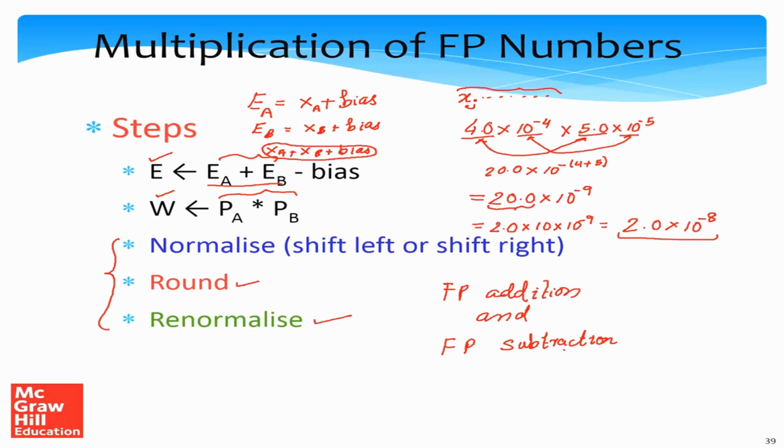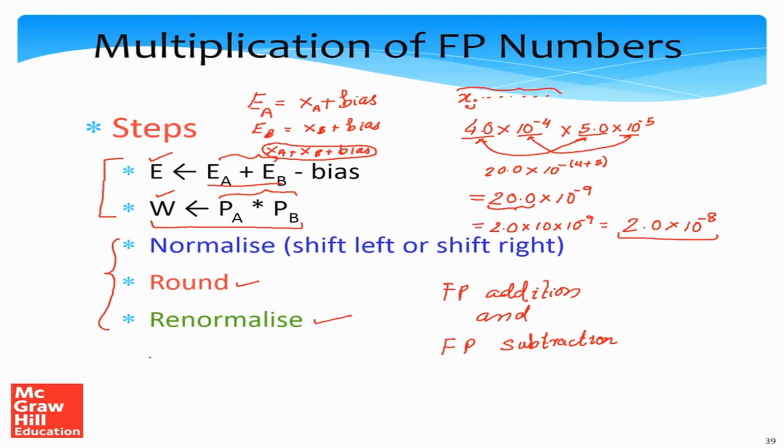All these steps remain the same. The only steps that are different are that we add the exponents, and since we would be adding the exponents in a biased form, we'll essentially be adding the bias twice, so at least one of them needs to be subtracted. Second, we need to multiply the significants, and the rest of the stages remain the same. So the time taken is the same as the time for an add, subtract and multiply, which is all in log n time.